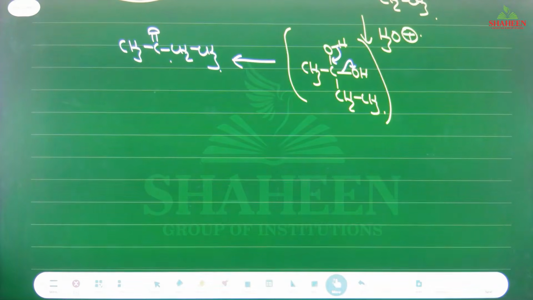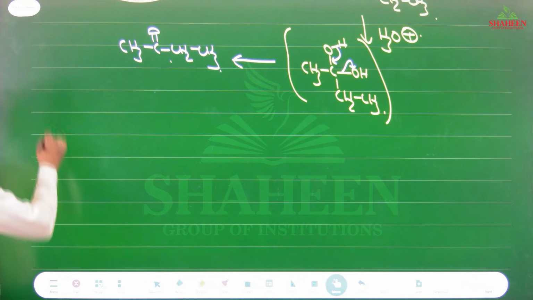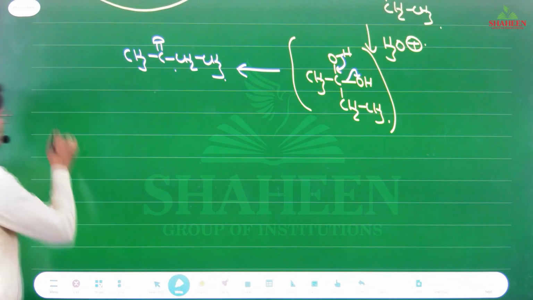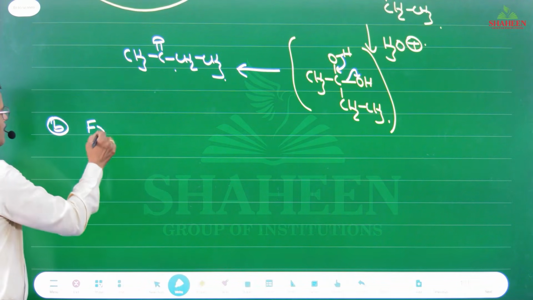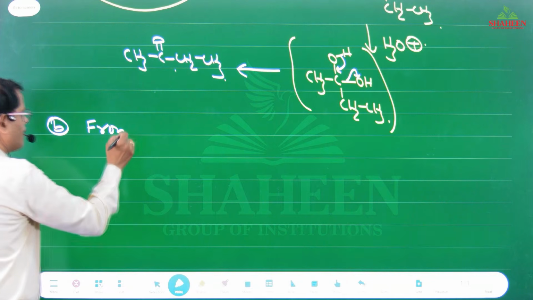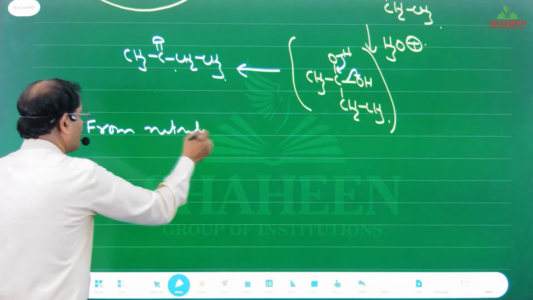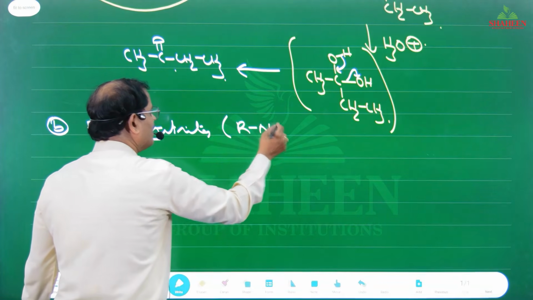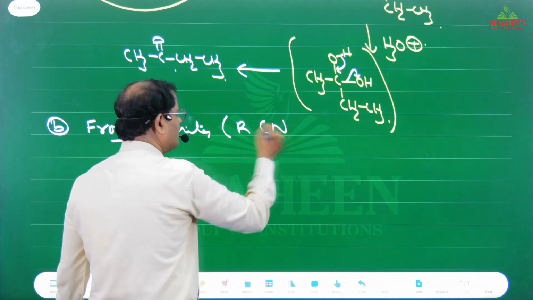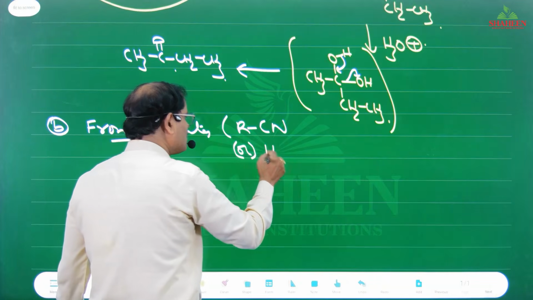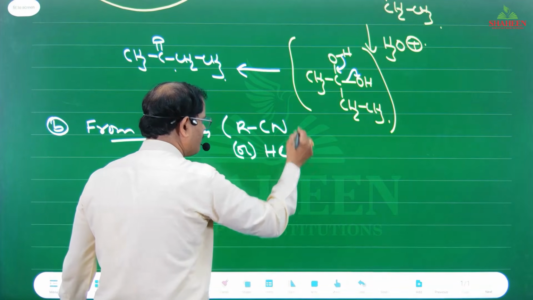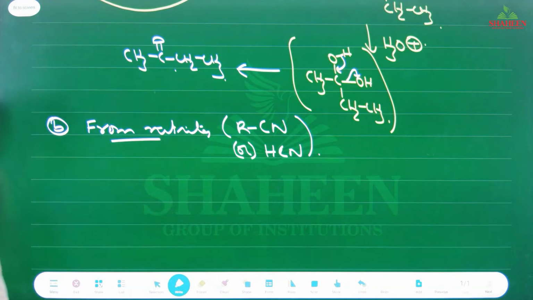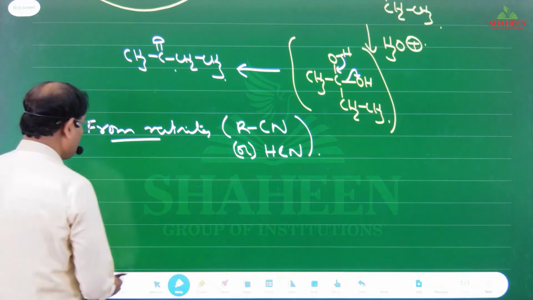And the next one is from nitriles. The same Grignard reagent, from nitriles. Nitriles are nothing but cyanides, RCN, or hydrogen cyanide can also be used for preparation of carbonyl compounds.